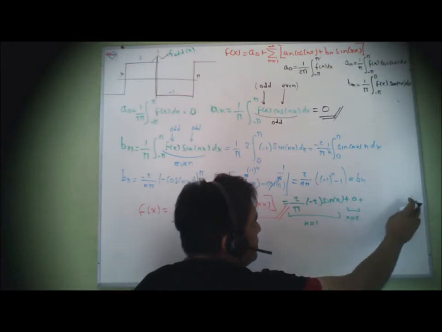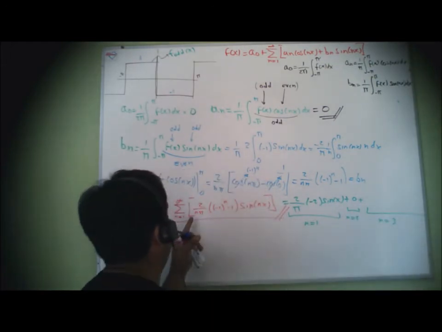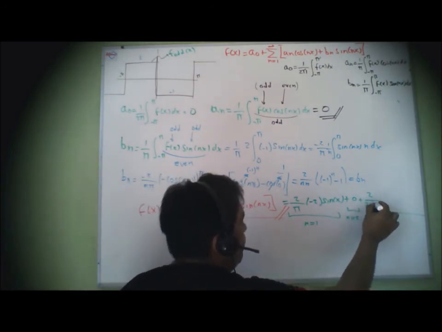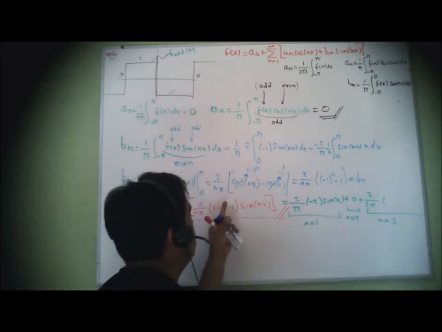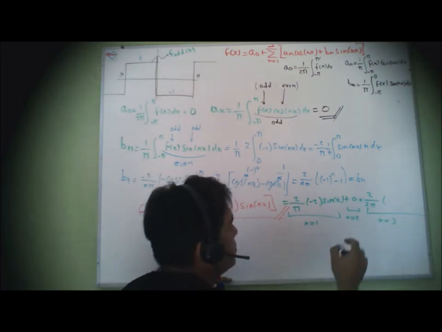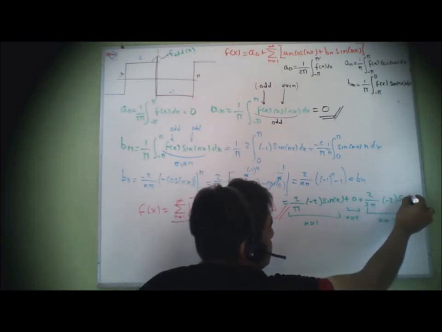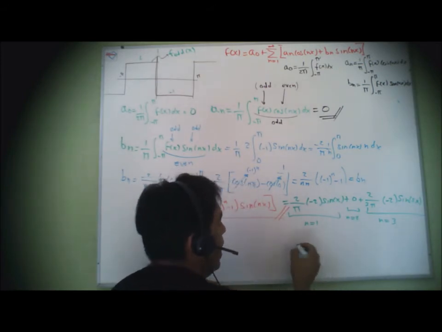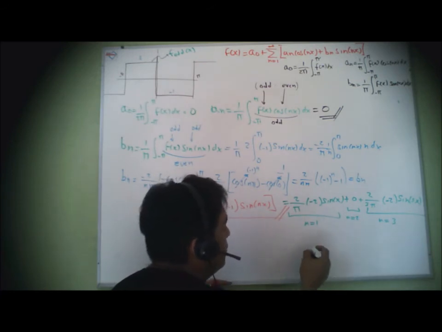So the next one is n equal to 3. So what happens with n equal to 3? So it's going to be 2 over 3 pi, and then minus 1 to the power of 3 is going to be minus 1, minus 1 and minus 1, minus 2, sine of 3x. Okay, so that's n equal to 3. Now, n equal to 4, you can imagine that is going to be 0, and then n equal to 5.